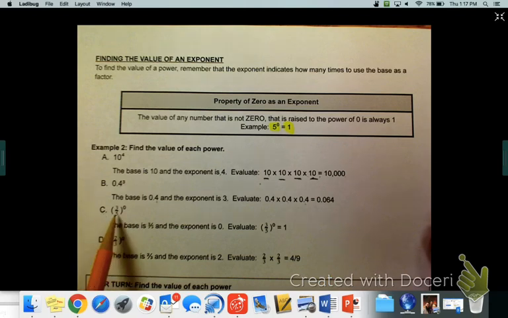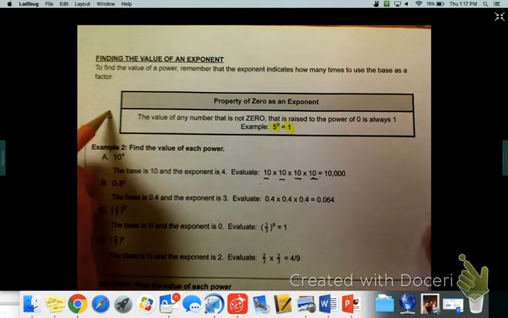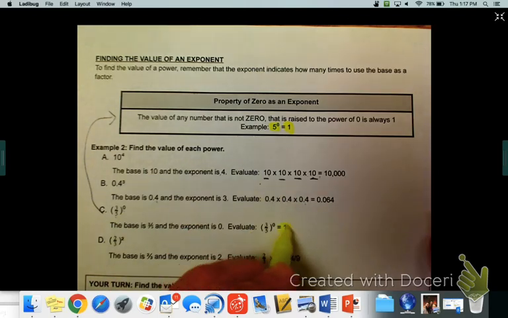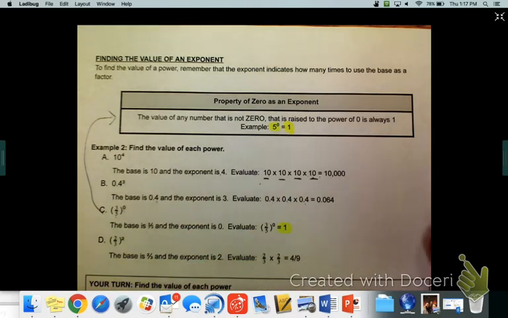Example C. It has a fraction. It's 3 fifths to the power of 0. And we just learned in this property that anything raised to the power of 0 is always equal to 1. So the value of this particular power is 1.